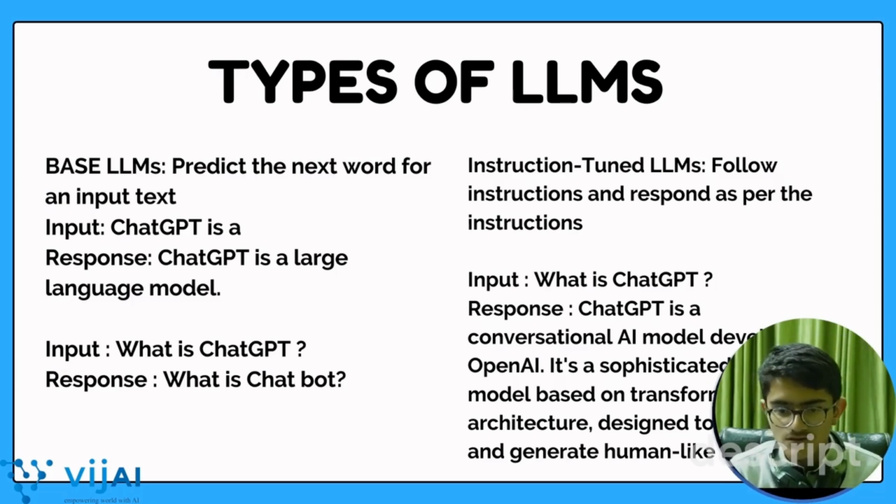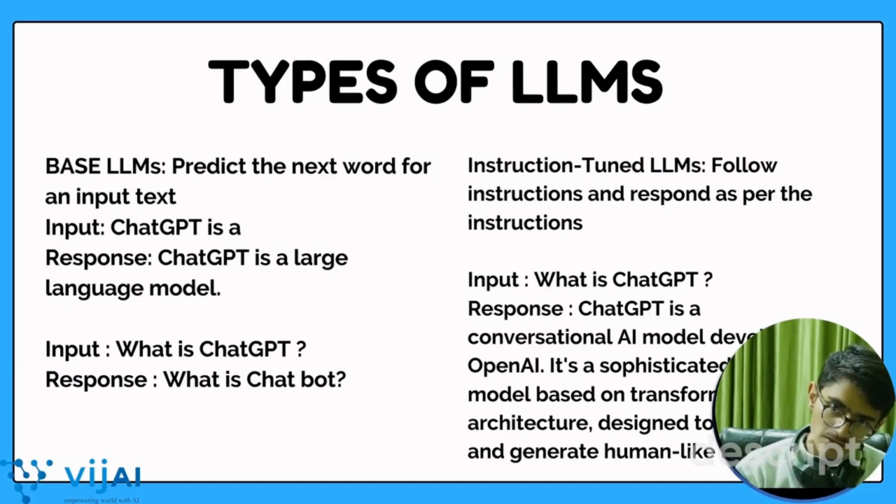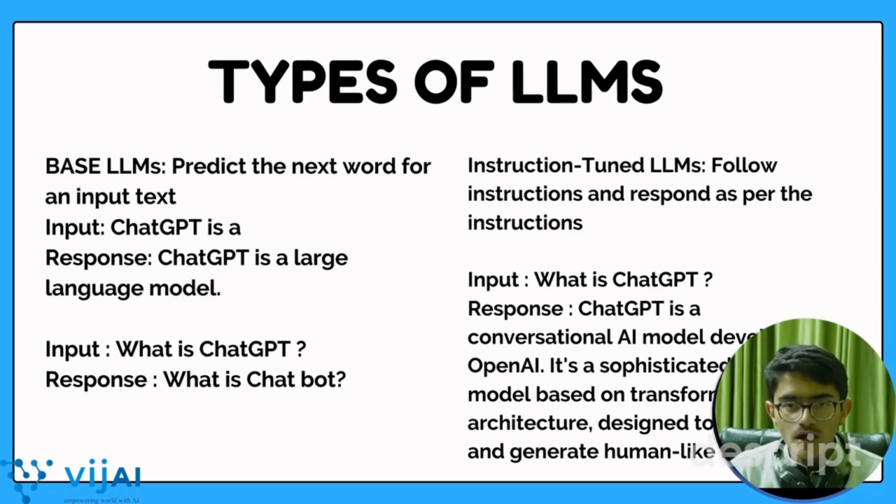Whereas if you have an instruction-tuned LLM, like ChatGPT or Bard, most of us now use instruction-tuned LLMs, which have much more application. They follow instructions and respond as per the instructions. If you ask "what is ChatGPT" to an instruction-tuned LLM, like Bard or ChatGPT itself, it will respond accordingly.